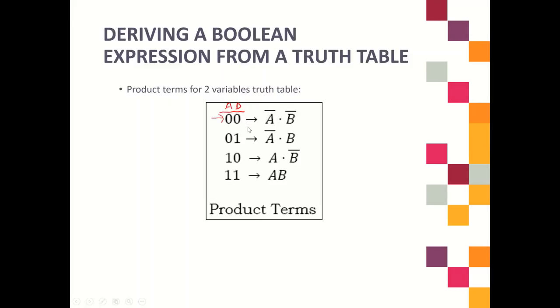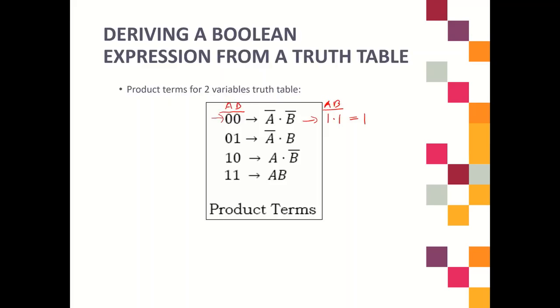When you complement, the new values are 1 and 1 instead of 0 and 0. So 1 AND 1, you will get 1. This is your A, this is your B.